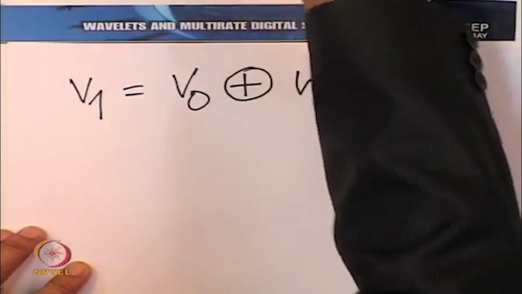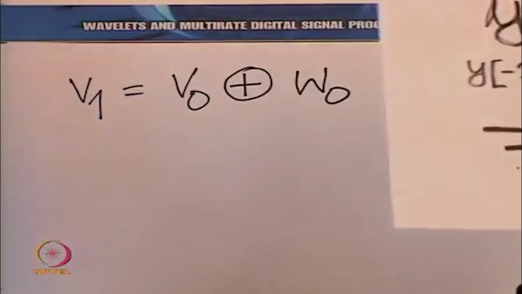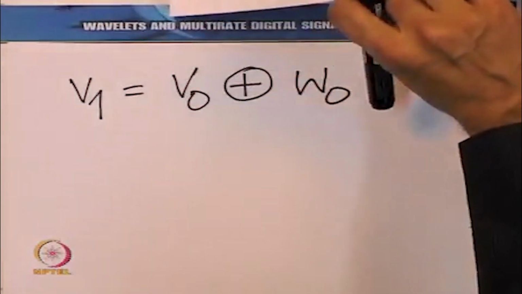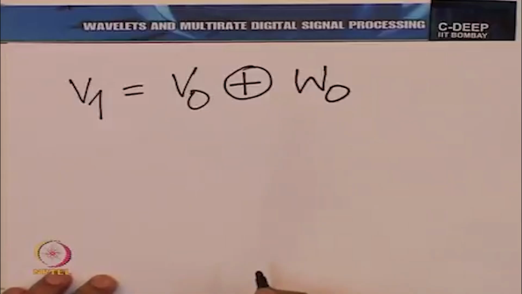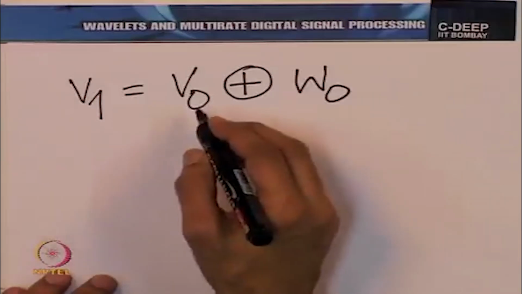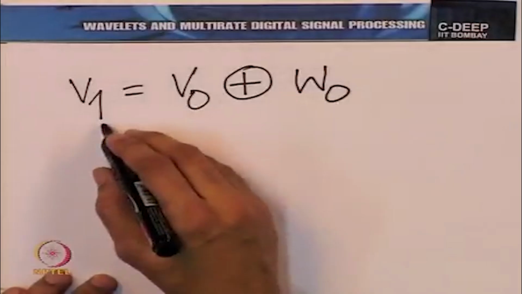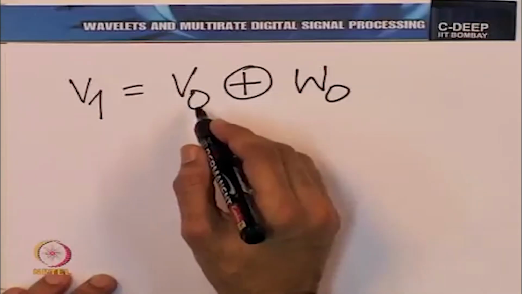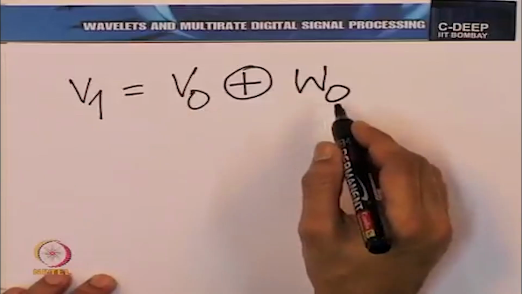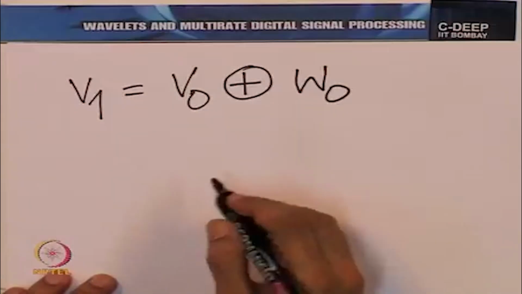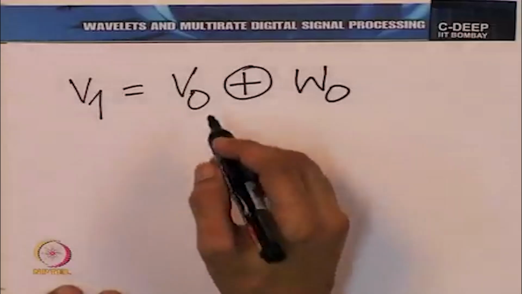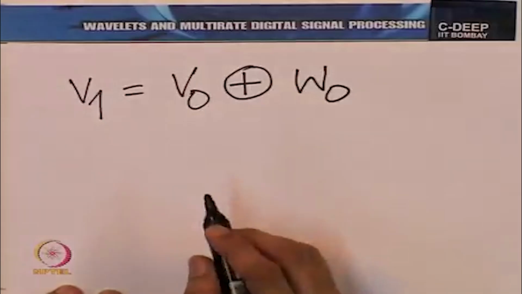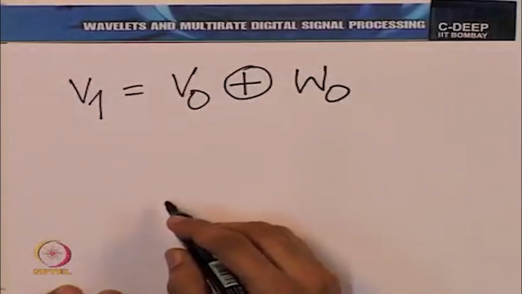So, for example, for this particular function that we have here, let us put down explicitly the projection on V0 and W0. You see, we now use the word projection. We have made an orthogonal decomposition of the space V1 into the spaces V0 and W0, and we have explained the meaning of V0 and W0 yesterday. We have also talked about their bases. We have also shown how to make this decomposition in each standard unit interval.